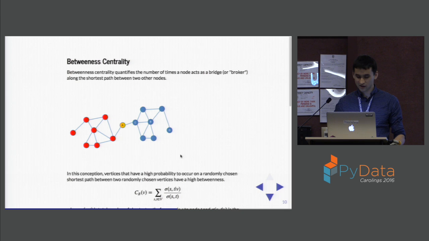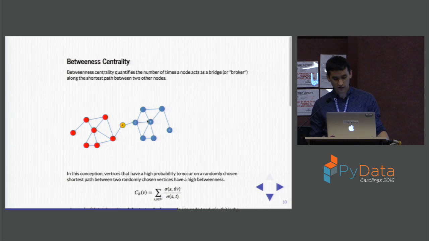I think this illustration is really nice for showing what an iconic high betweenness centrality node would look like. Suppose the only way you could get between one group of nodes and another group of nodes is through an existing pair. A here would be really high betweenness because it connects this dense red group and this dense blue group.